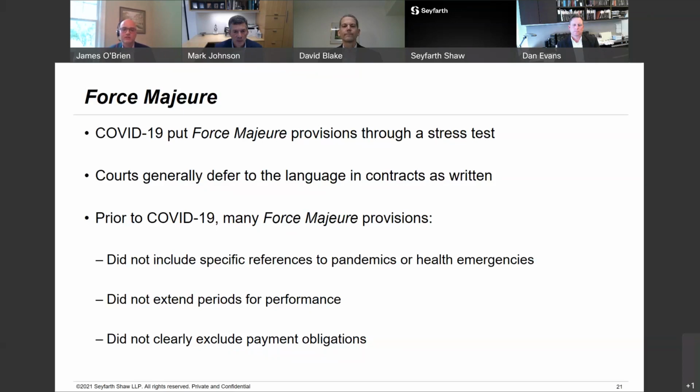That could have been the legacy of SARS. There were references to epidemics in some force majeure provisions, maybe based on that experience. One other issue with them is sometimes they would excuse performance, but not actually delay the periods for performance, which could be problematic. And many of them didn't really clearly exclude payment obligations, which was often the intent of at least the landlord. So let's flip over to the next slide, please.